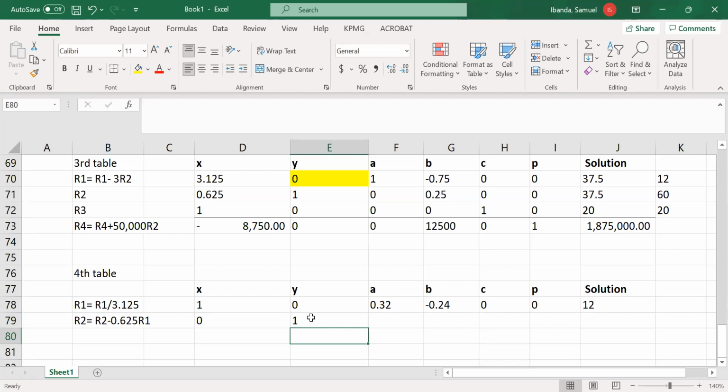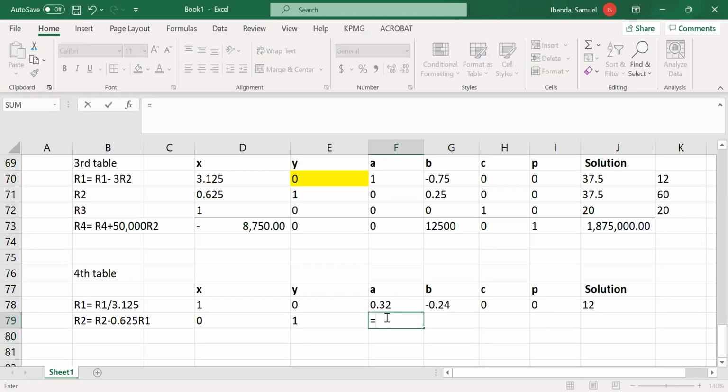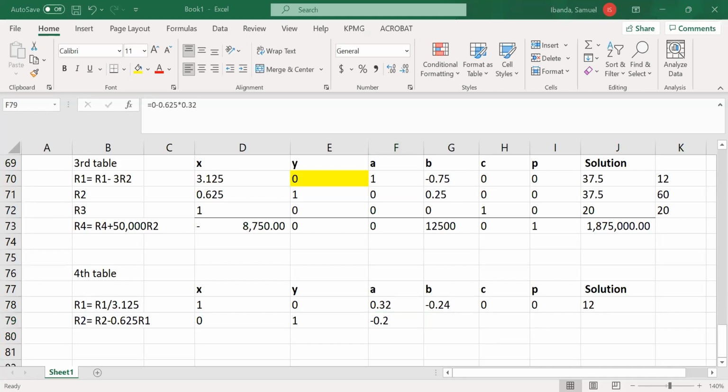So it gives me 1. And this will be 0 minus 0.625 times, remember what I have under here is 0.32. So this gives me 0.2.